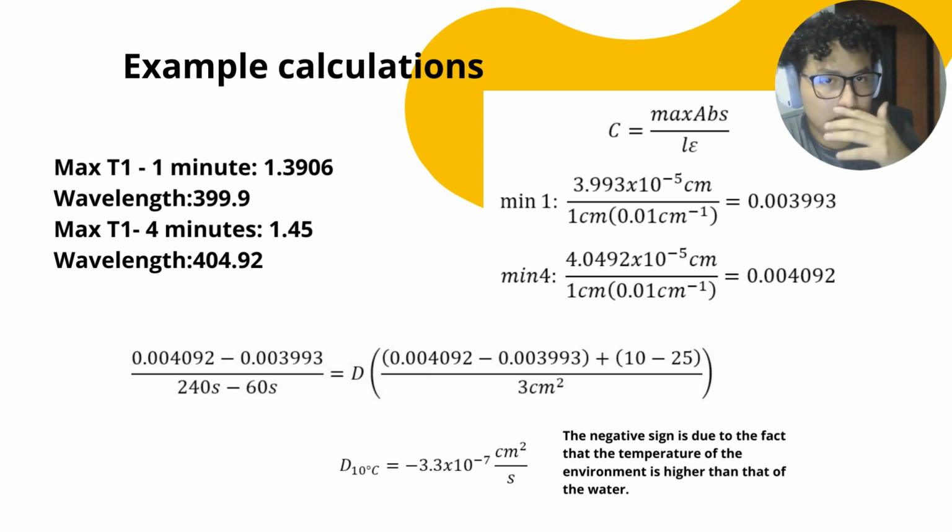For example, at minute number one at 10 Celsius degrees, we saw the maximum level of absorbance and it was 1.39, and at this level we had a wavelength of 399.9. On the other side, after 3 minutes, that means at minute number 4, we have a maximum absorbance of 1.45, and at this level we have a respective wavelength of 404.92.